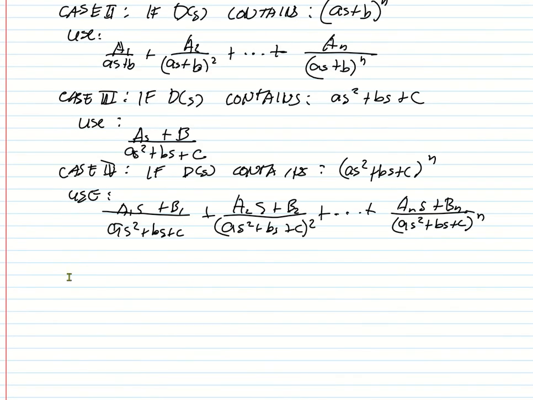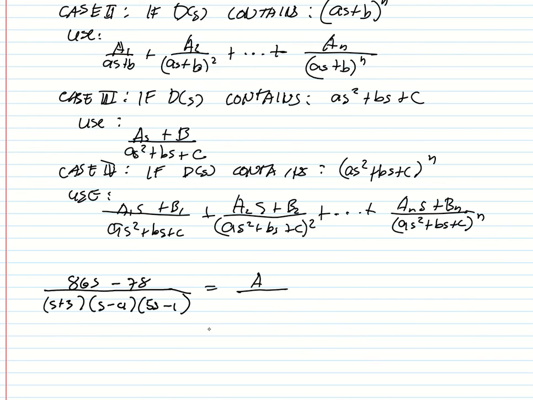We can reduce this into a all over s plus 3, this is case 1, then plus b all over s minus 4, then plus c all over 5s minus 1. So this is the equivalent.